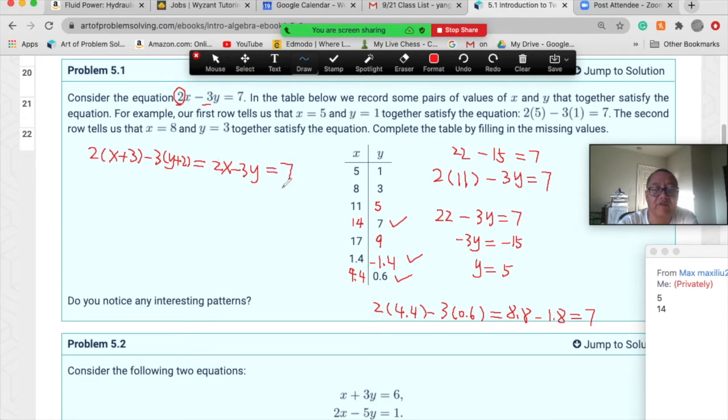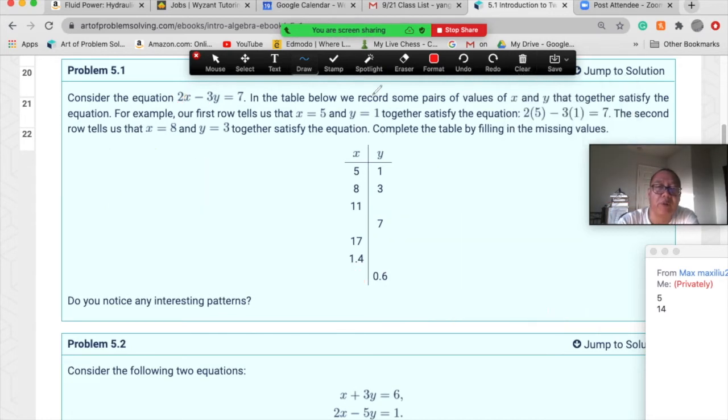This always equals 7. So this equation tells us if x and y is a solution of this equation, then x plus 3 and y plus 2 also will be a solution of this equation. This is what we learned from this problem.